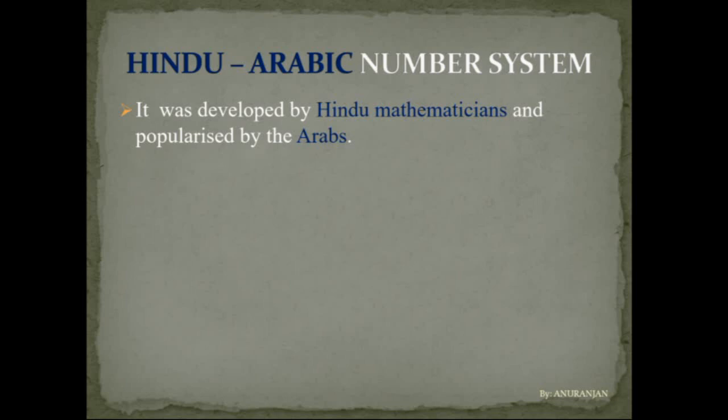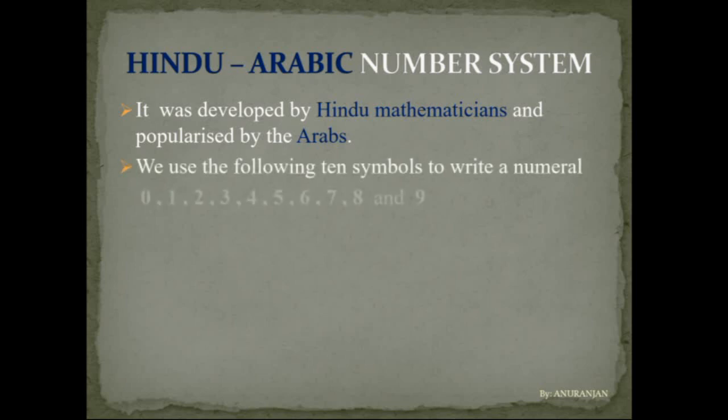In this system, we use the following 10 symbols to write a numeral: 0, 1, 2, 3, 4, 5, 6, 7, 8, and 9. And there are no other symbols used.